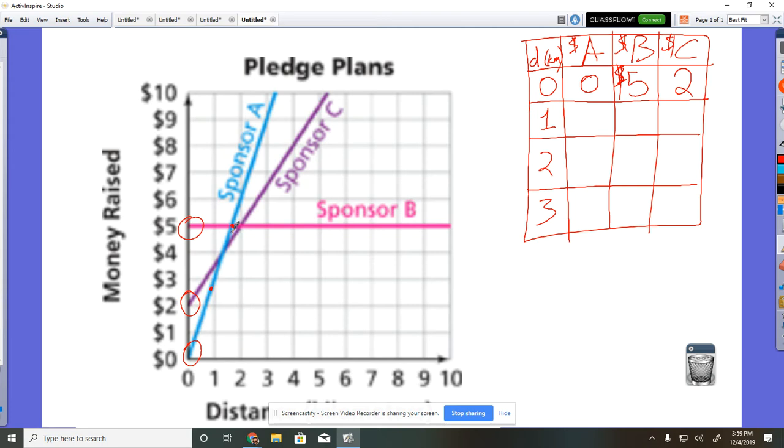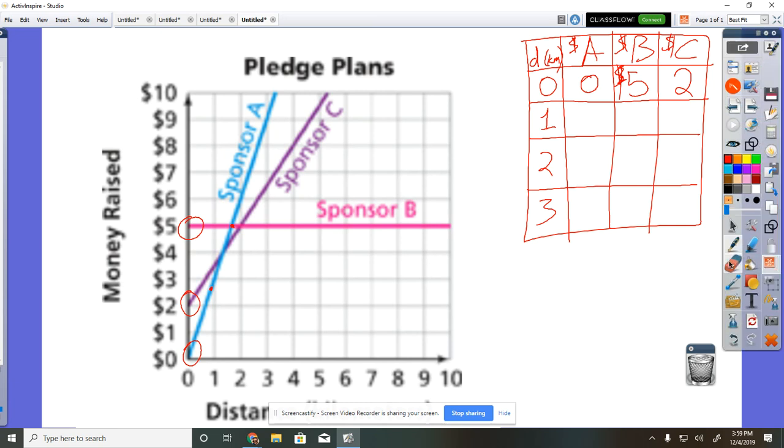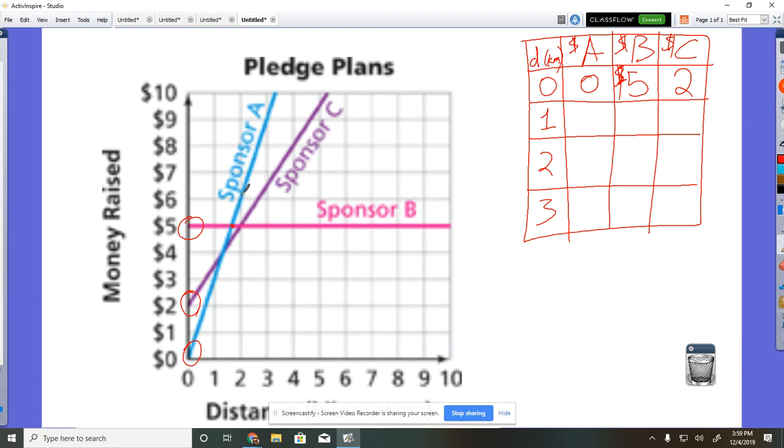Let me refer to the book. No, sponsor A is actually at $6. So after 2 kilometers, we are at $6.